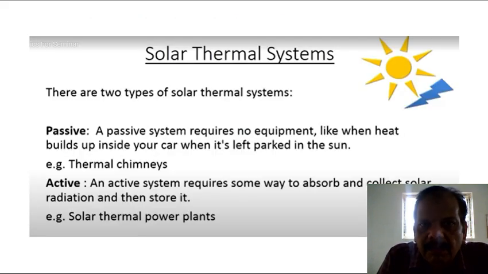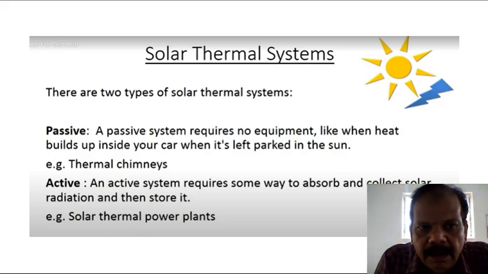Again, solar thermal power systems can be classified into passive and active. A passive system requires no equipment, so there is no movement of any equipment or parts. When heat builds up in a container, it is simply getting heated, so the heat is added without any moving parts or additional equipment.